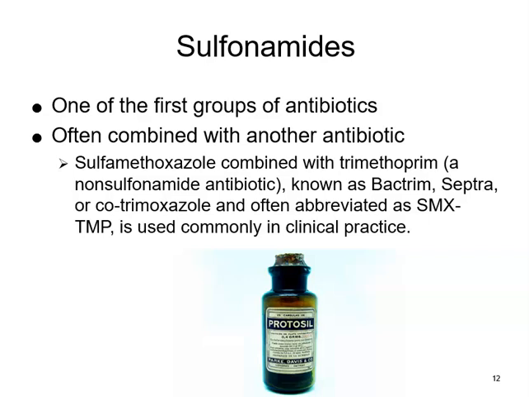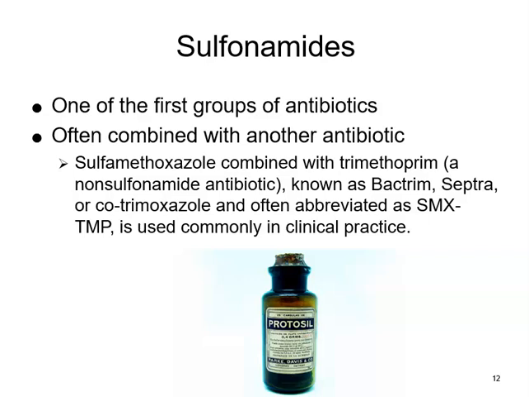It was found that they could counteract the blood poisoning that they were giving to the mice. So this was the first really commercially available antibiotic. When it came out, it was very revolutionary, and it's one of the reasons a lot of people started to survive who normally would have died.